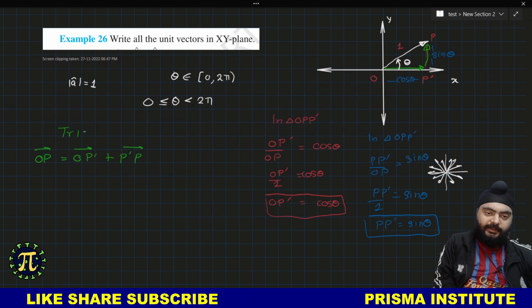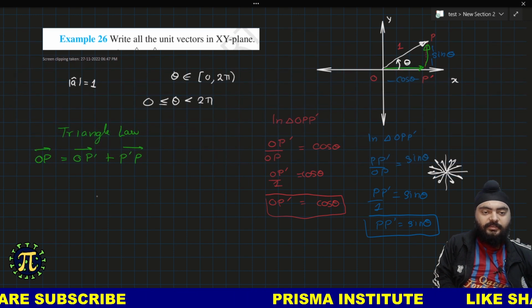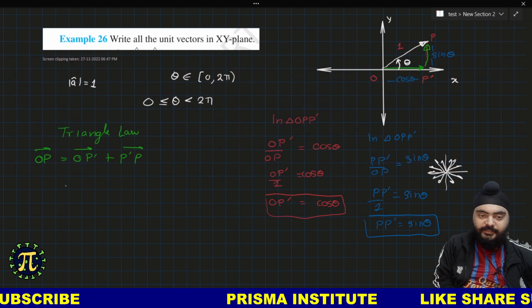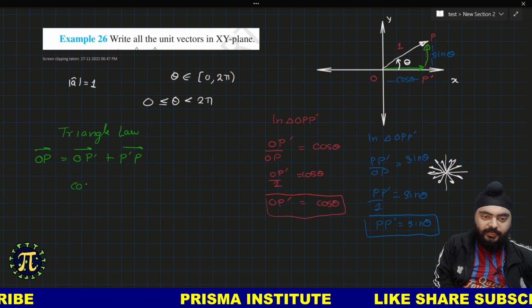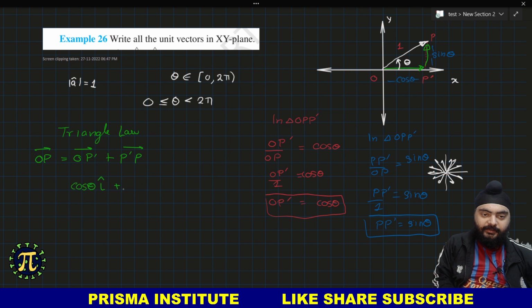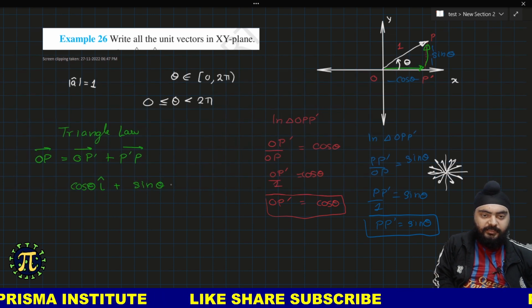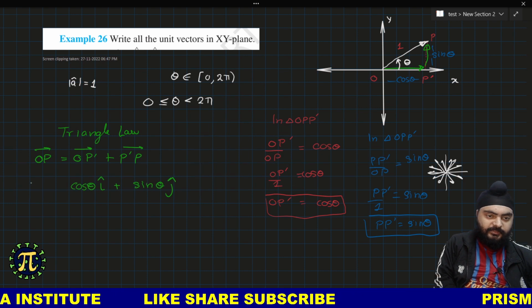So from triangle law. But what is OP dash? So OP dash का length कितना है, cos theta, and इसका direction कितना है, I cap के along है ये, and PP dash कितना है, this is sin theta, and इसका direction कितना है, this is J cap के along, and this is the OP vector.